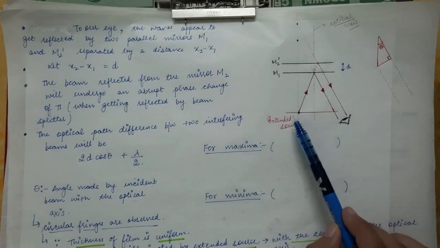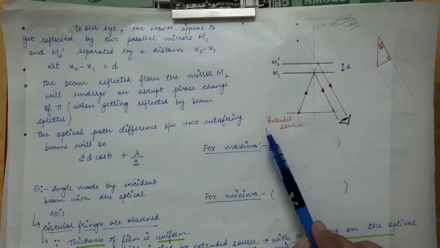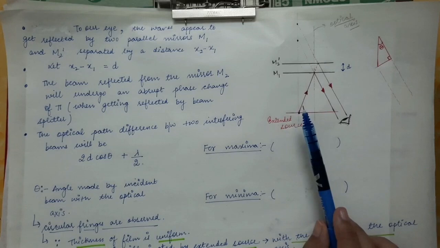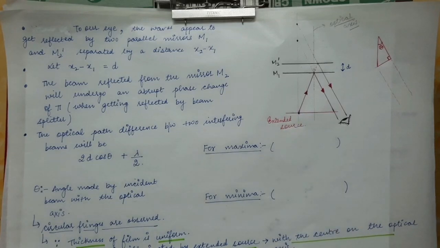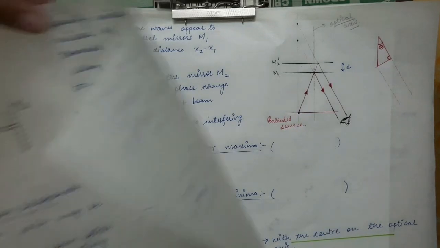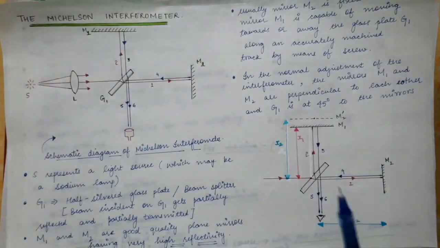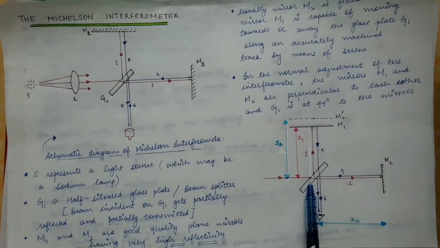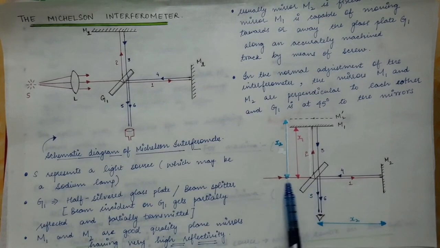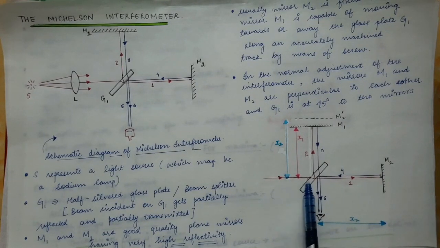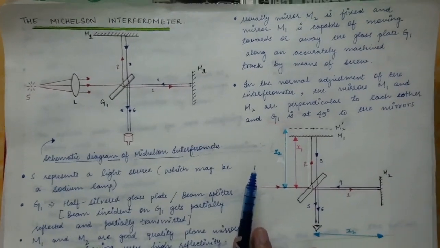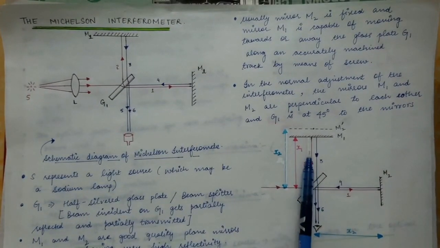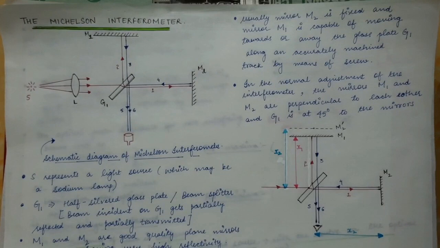Now the light from the extended source first of all falls on the beam splitter, as we had shown in the last diagram. It falls on the beam splitter, then this ray falls on the mirror M2, and the reflected ray falls on the mirror M1.